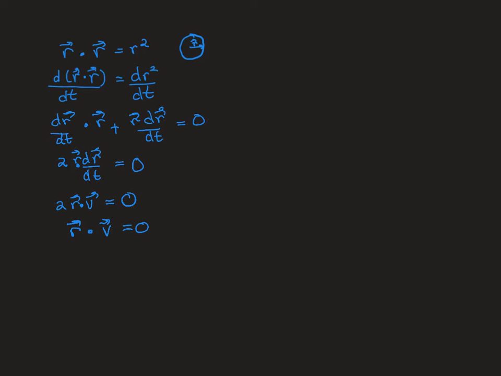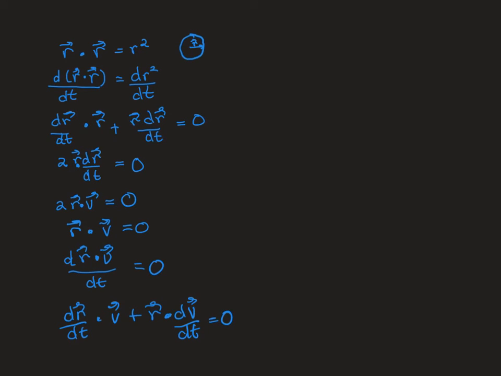I'm now going to take the derivative again. I said we're going to take a second derivative because in order to get to acceleration, you need to take the derivative twice in terms of time and position vector. And once again, since they are dotted with each other, we are going to use a product rule. So we have dr/dt dotted with v plus r dotted with dv/dt.